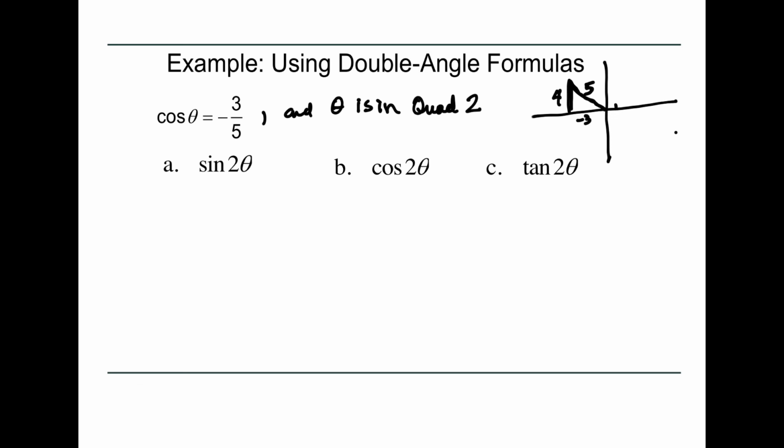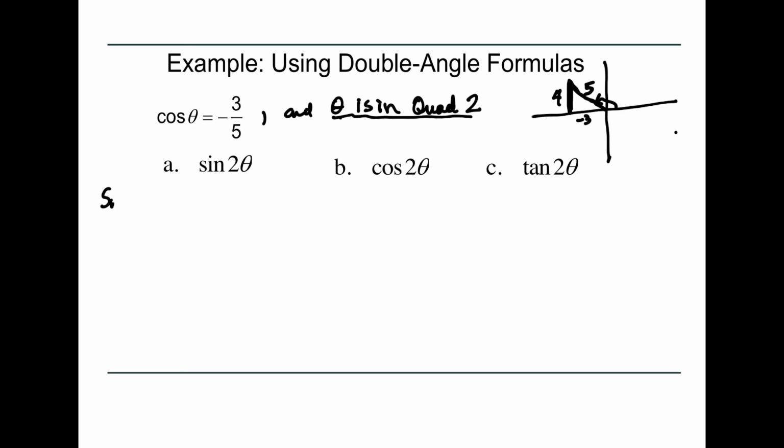And 4 would be positive because it's in the second quadrant, and the y value is always positive in the second quadrant. If we didn't know that, with cosine being negative, we could have been in the second or the third quadrant. We wouldn't know, but we would have a negative sign. So it's good for us to know what quadrant we're in. In fact, we would need to know.